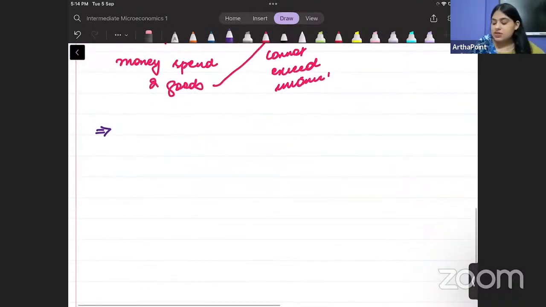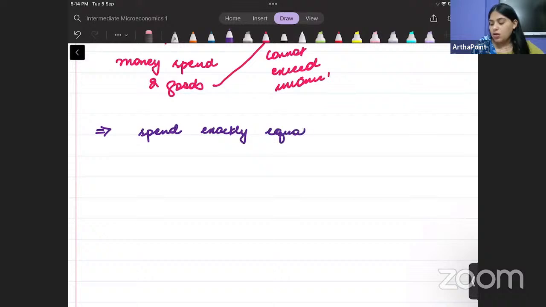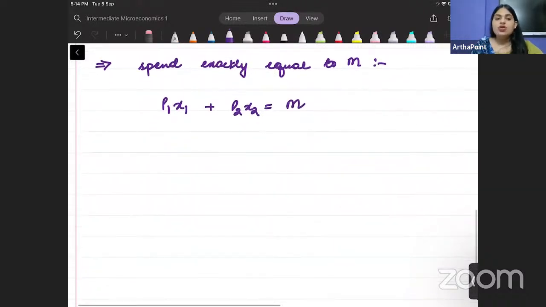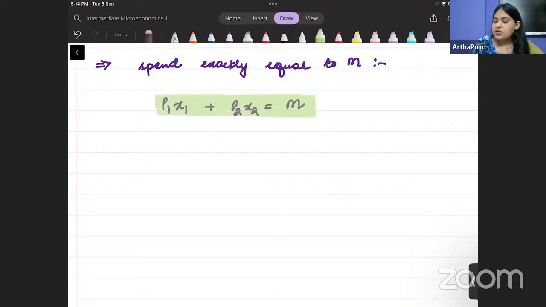So if you spend exactly equal to income, then it will become P1 X1 plus P2 X2 is equal to M. So when you spend exactly equal to your income, when you have P1 X1 plus P2 X2 exactly equal to M, this is called the budget line.